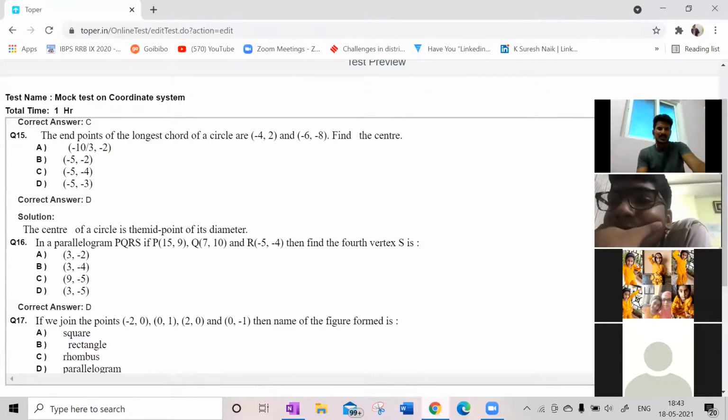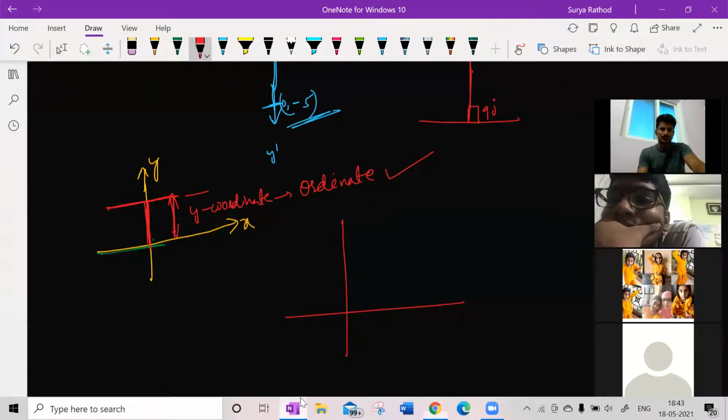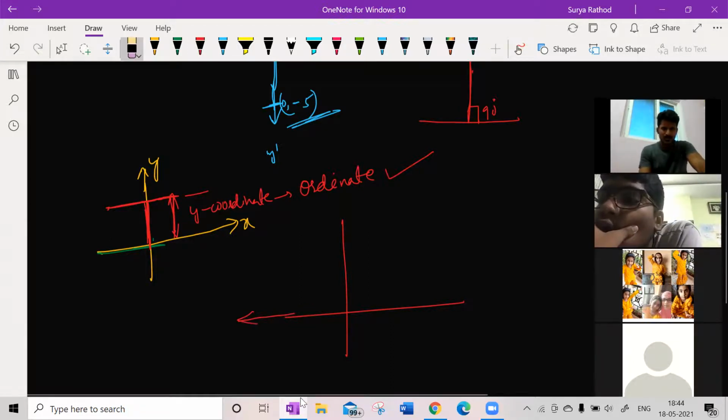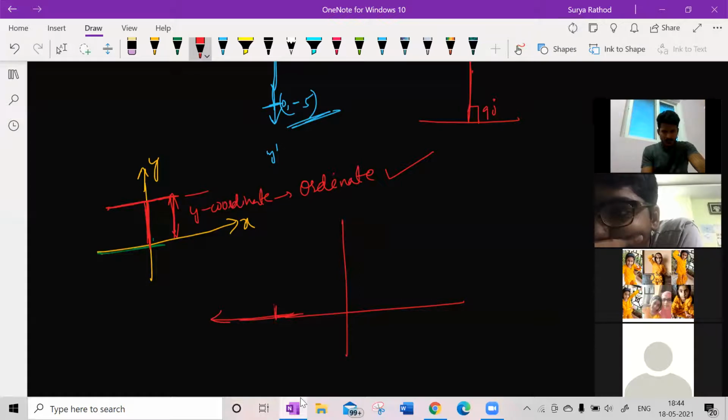What is that? (-4, 2). -4 will be here, 2 will be here somewhere. So this is going to be my point.